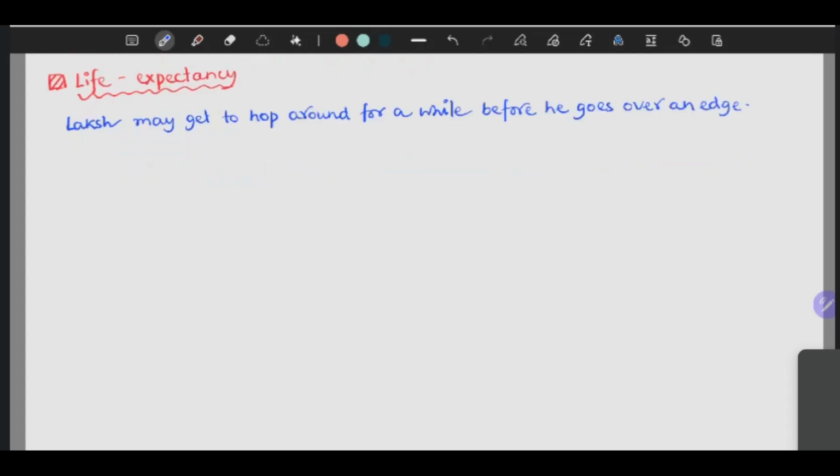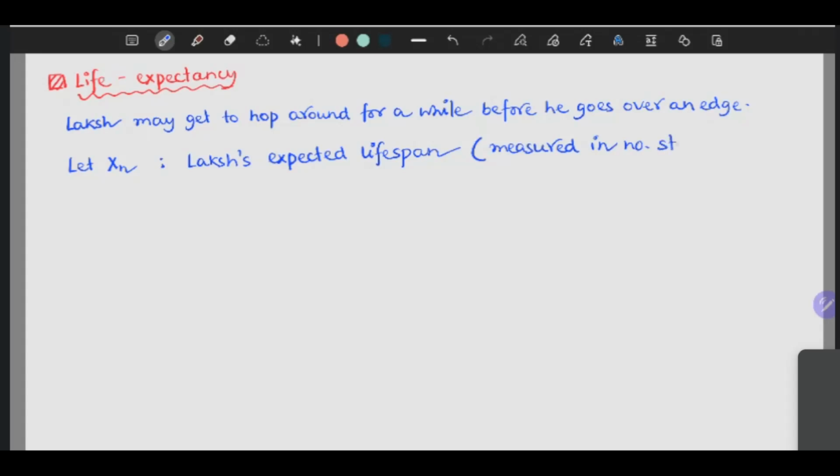So let's use the same setup as these things, right? So let's assume xn is Lux's expected lifespan, which is measured in number of steps.